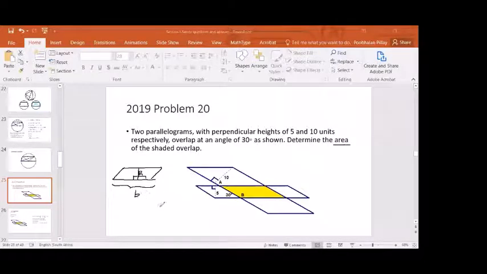So that area is, if I take this as base, then the height will be 5.